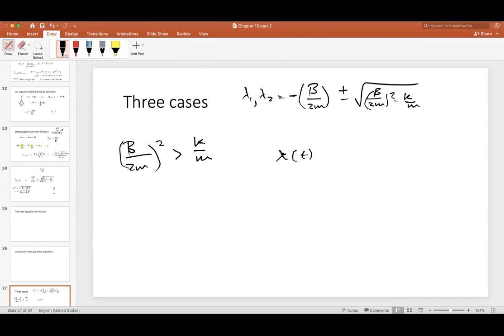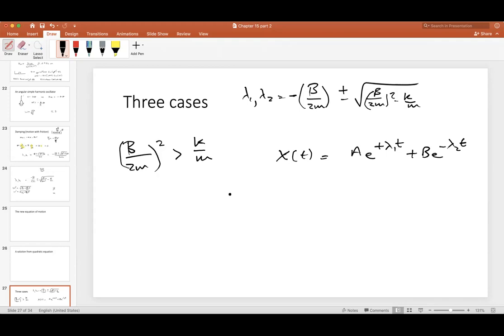x of t is equal to a times e to the plus number 1, plus b e to the minus that. These are exponentials.